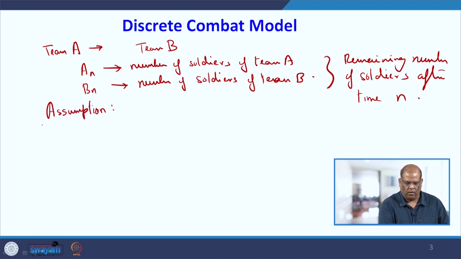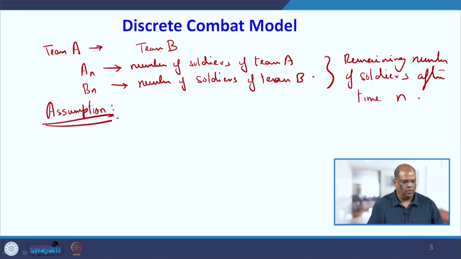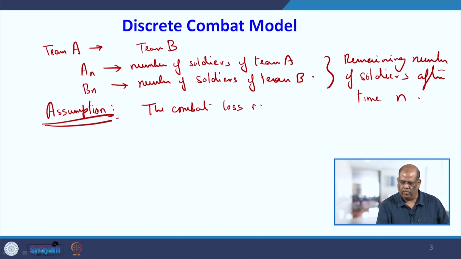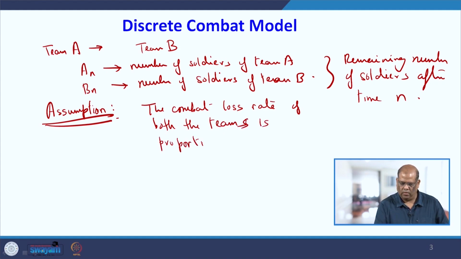Every model needs an assumption. So, the assumption is the combat loss rate of both the teams is proportional to the size of their respective enemies.